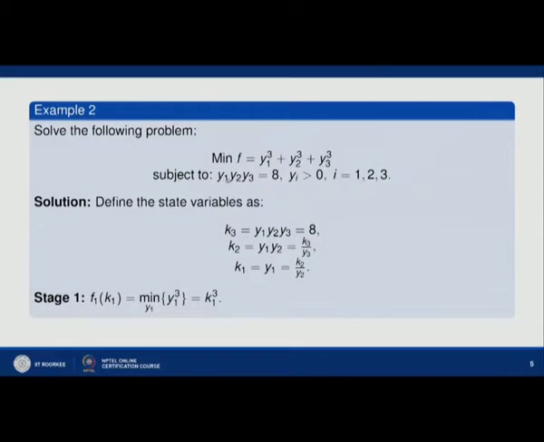K2 we take as y1 into y2, only these two variables, which from the first condition is k3 divided by y3. And k1 is only y1, which from the second condition is k2 upon y2. So, in this way we have defined 3 state variables k3, k2 and k1.